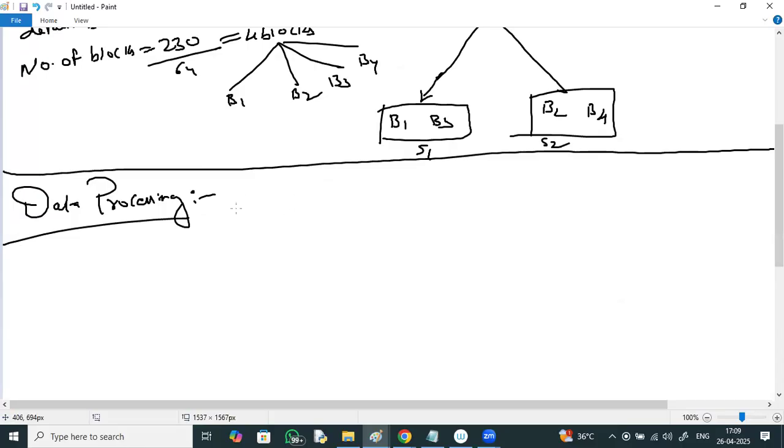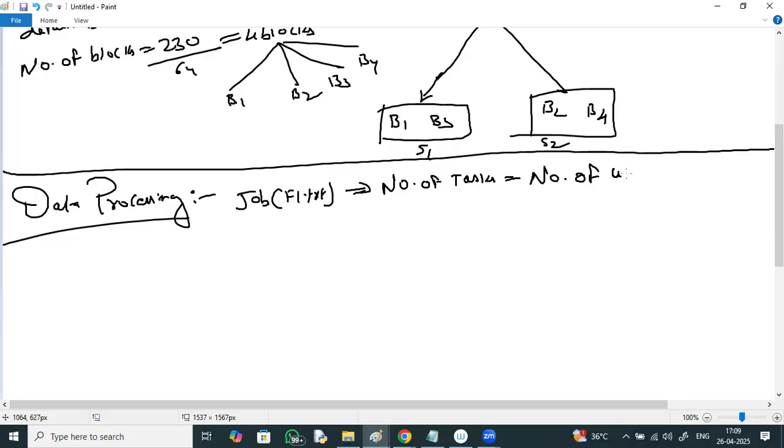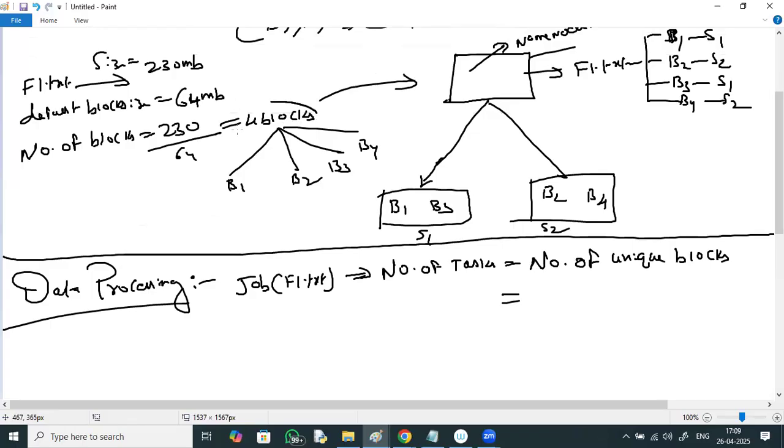For data processing, your job is to process f1.txt. A job always divides into tasks. Number of tasks equals the number of unique blocks. How many unique blocks? 4 blocks means 4 tasks.